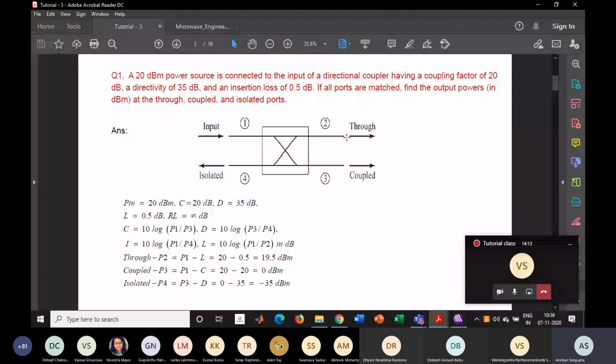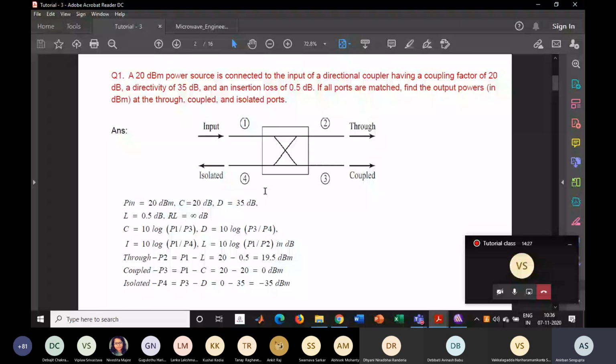The coupled port, that is P1 minus C. So the power at P1 and the coupling factor, that is 20 dB coupling, it is already written. So at the coupled port, the power will be 20 minus 20, that is 0 dBm. And what is the isolated port power?